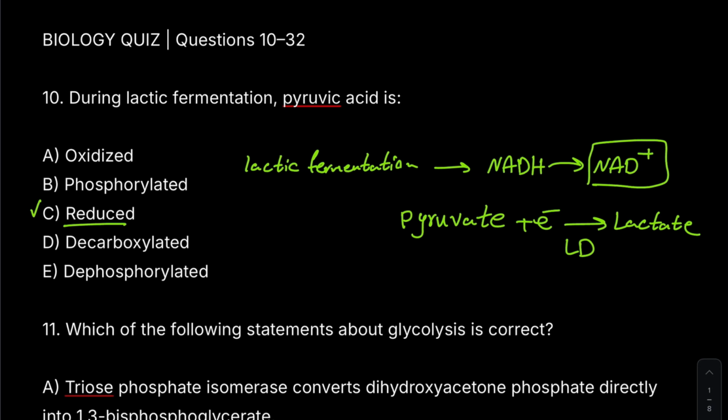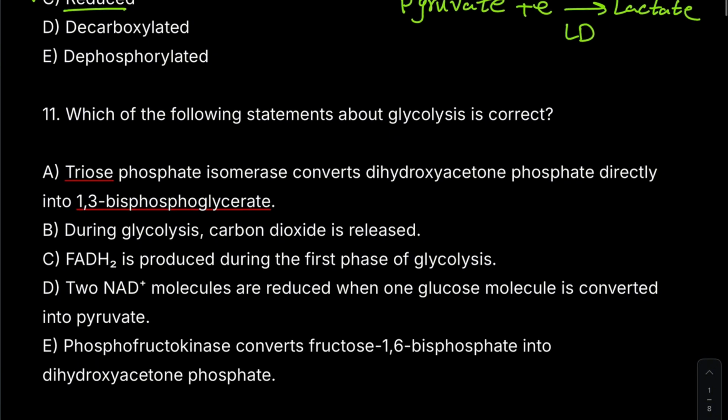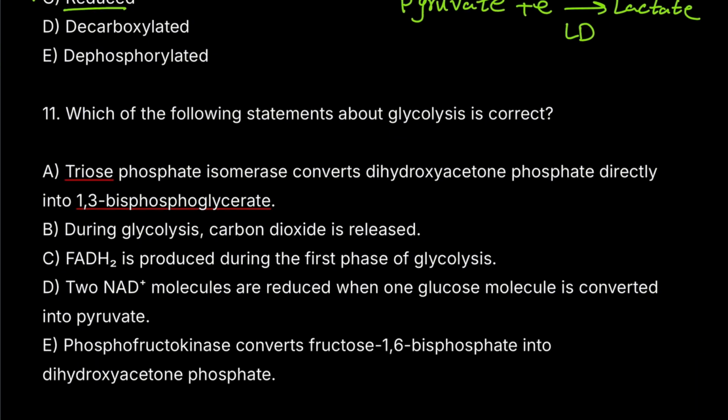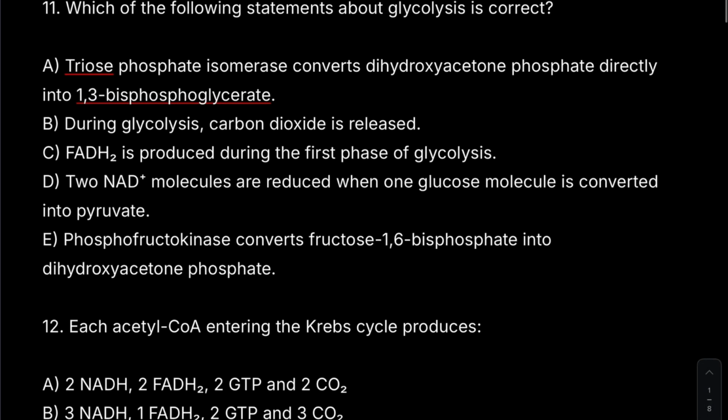Okay, guys? So, question number 11. Which of the following statements about glycolysis is correct? The correct answer is D. Two NAD positive molecules are reduced when one glucose molecule is converted into pyruvate. So why? Each glucose molecule is split into two 3-carbon molecules.